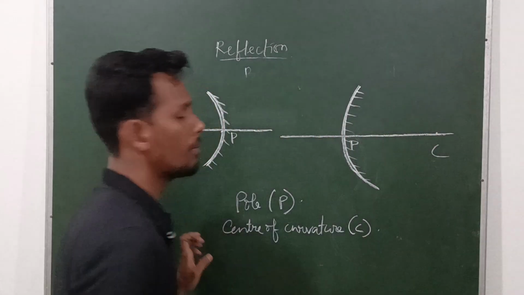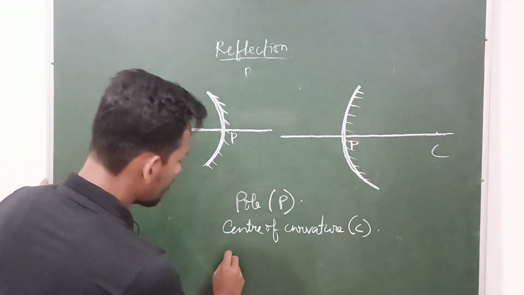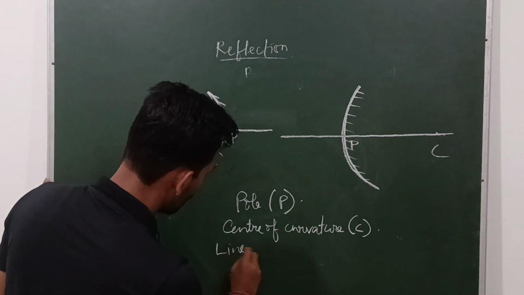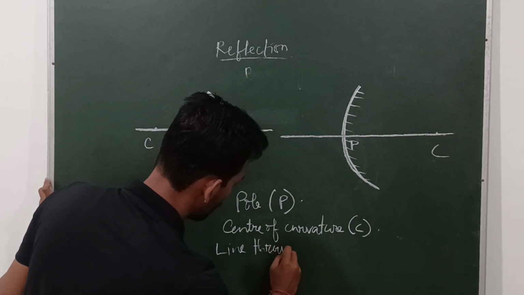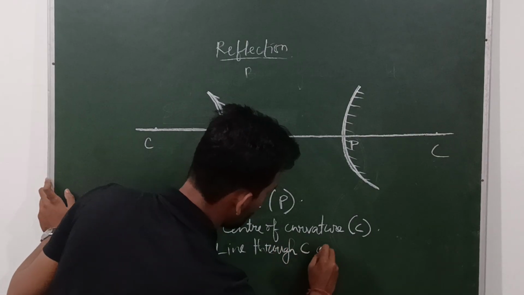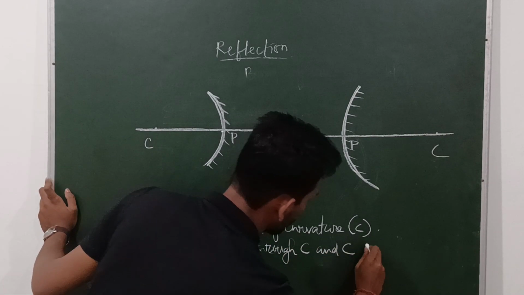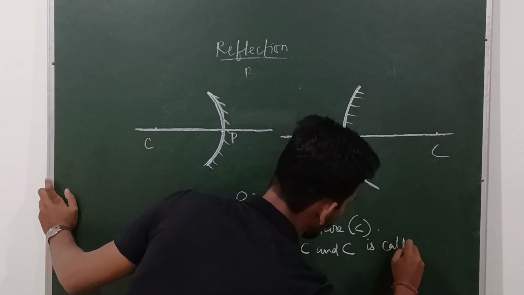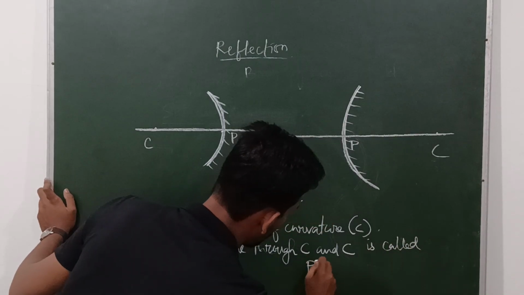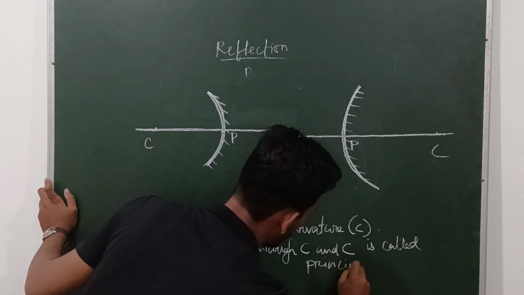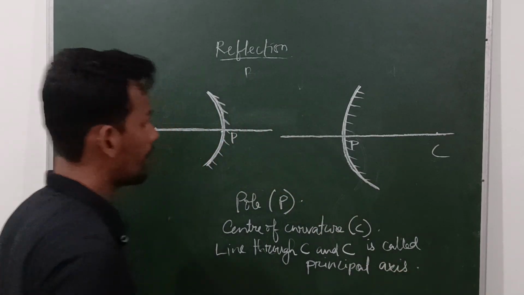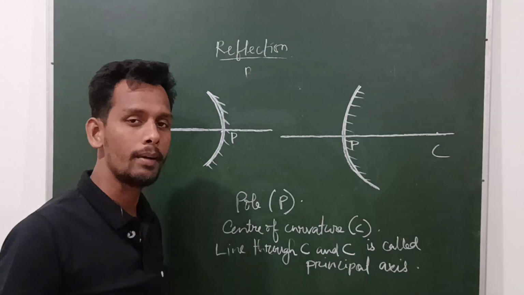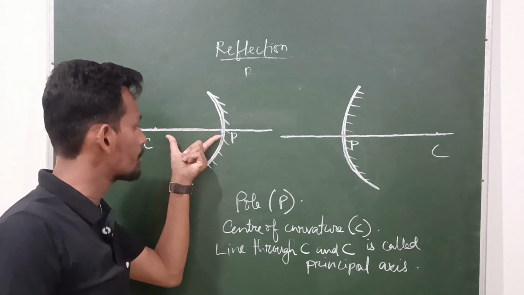That line through C and P is called the principal axis.